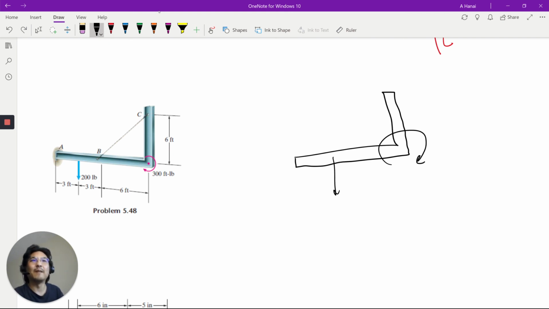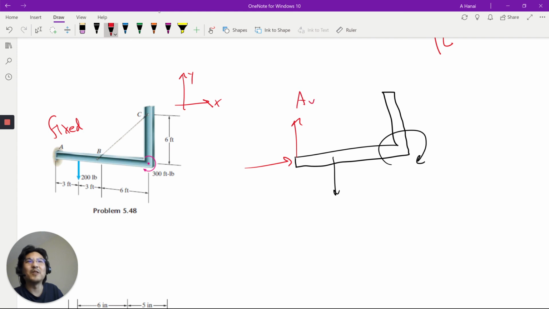And then this is a fixed support, fixed, right? Which means I'll pick coordinates like this. So that means there's a reaction force, which I decomposed, and a couple. Okay, so that's the free body diagram.